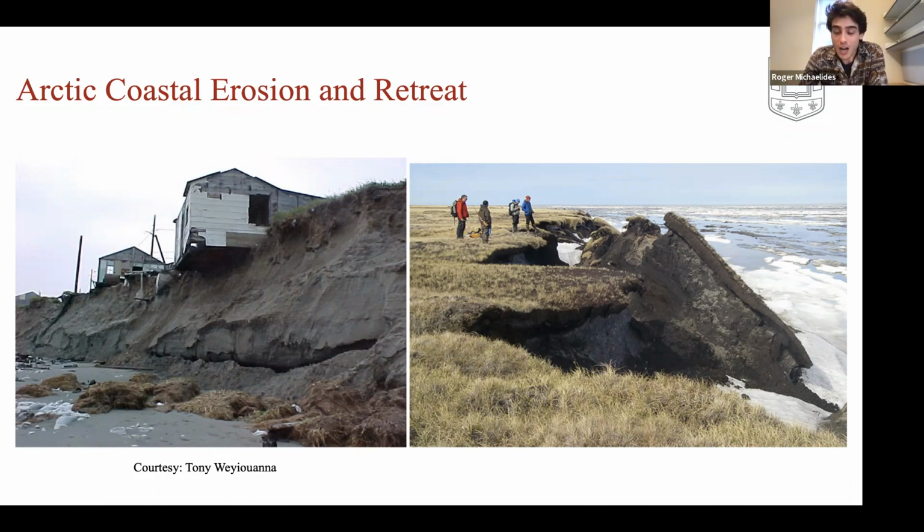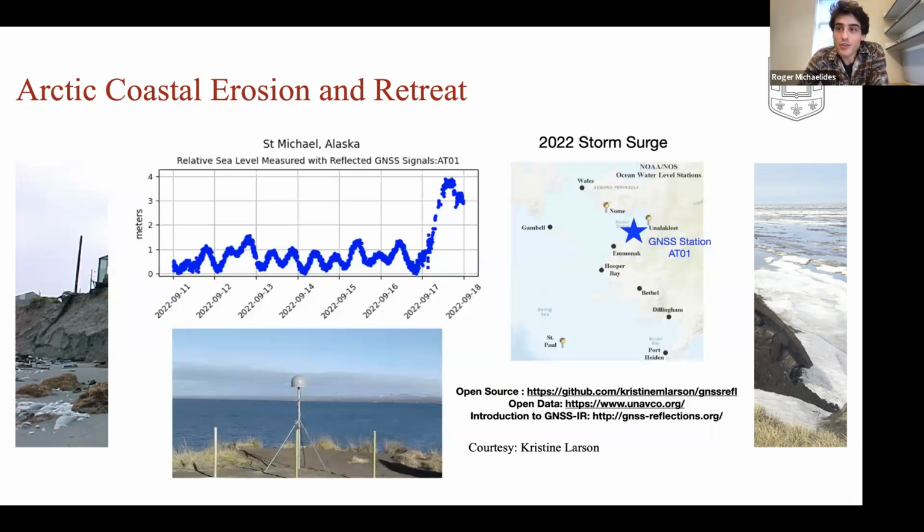And just to be timely, some of you may have seen just last week, there was a storm surge in Western Alaska. This is a GNSS signal from Christine Larson showing wave heights on the order of 4 meters higher than their normal comparable wave heights. This single event caused a huge amount of coastal erosion, retreat, and flooding all across Western Alaska in the area from Nome to Emmonak.